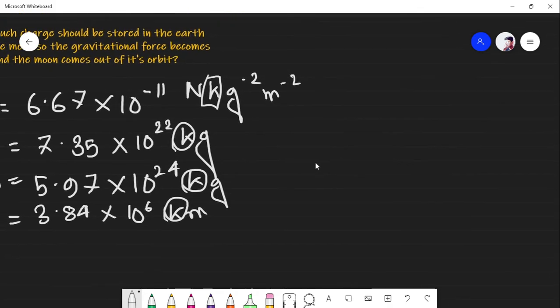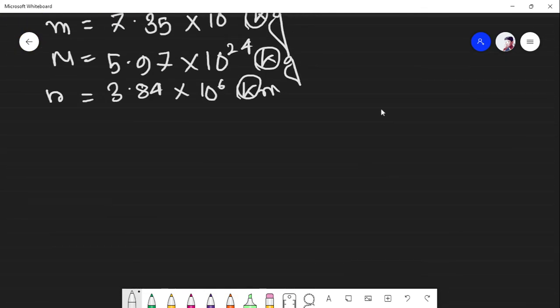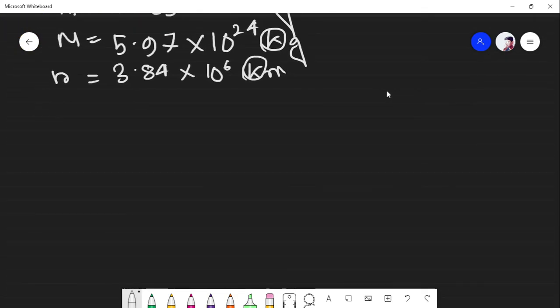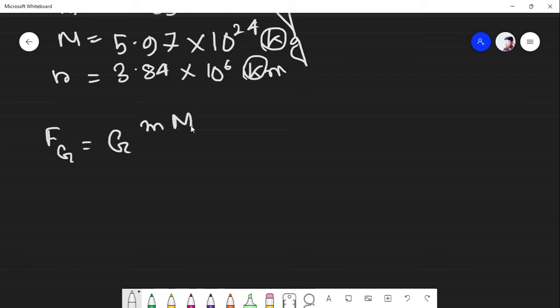So let's see. The gravitational force is equal to the constant times the two masses divided by the distance squared.